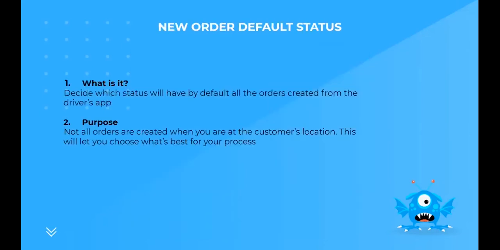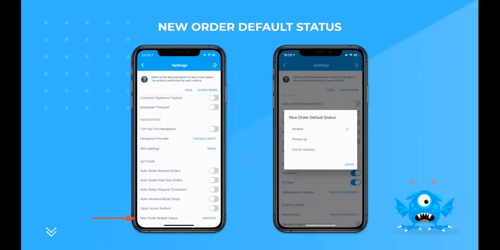So we get to the last setting of action buttons, the new order default status. With these filters, you can decide the default status of any given order when it's created. Since not all orders are created at the customer's location, this will let you choose between the three options that fit best your process: booked, picked up, or out for delivery.